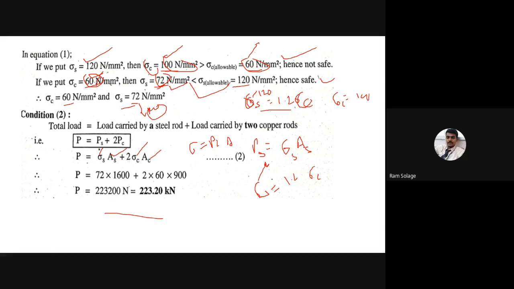Now everyone, we have to concentrate on this condition. In the previous problem, sigma C was given as 120, but after the calculation for the safe zone, we got a different answer. Sigma S is equal to 72 and sigma C is equal to 60 Newton per mm square. Okay, over.